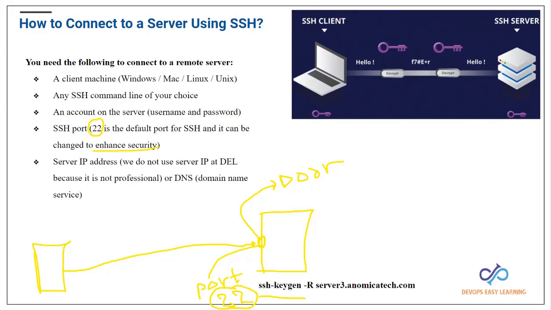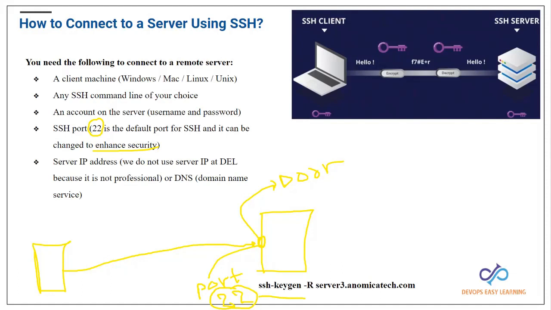Let's say we change the SSH port. How are we going to connect to a server when that port is changed? And also, how are we going to connect to a server when we're still using the default port?